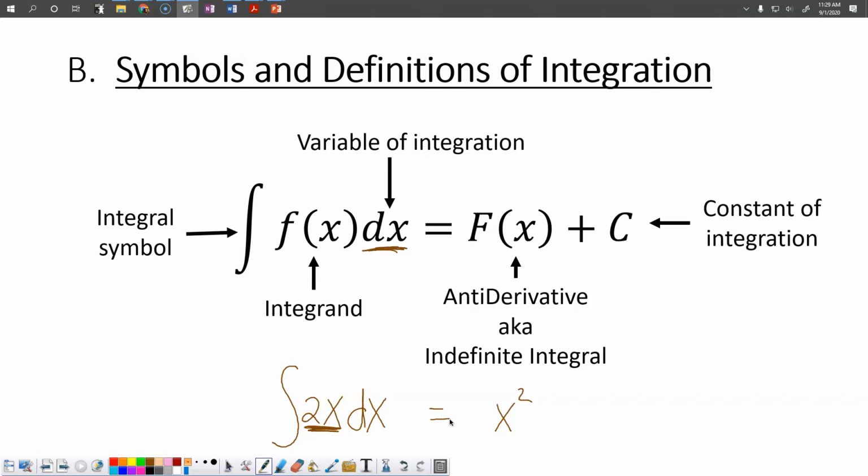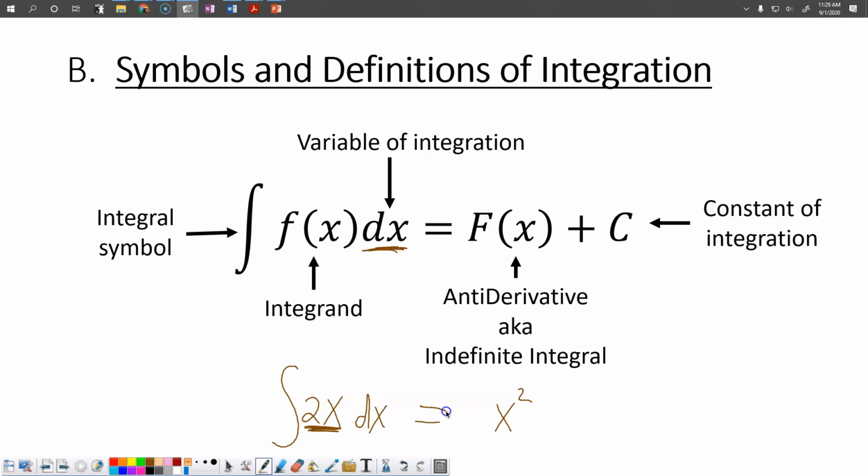Now the answer I get by undifferentiating this thing called the integrand is what we call the antiderivative. It's called the antiderivative, which makes a lot of sense, right? If it's the opposite of a derivative, antiderivative makes a lot of sense.